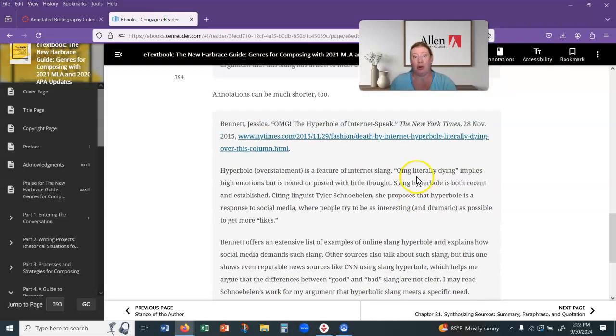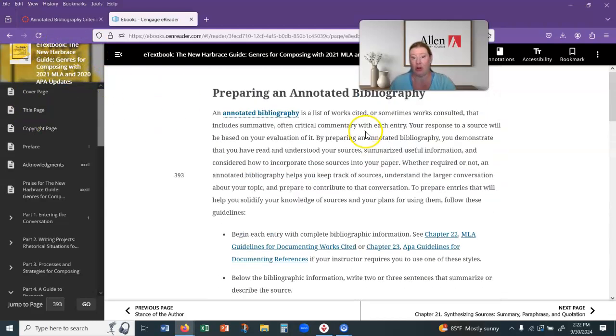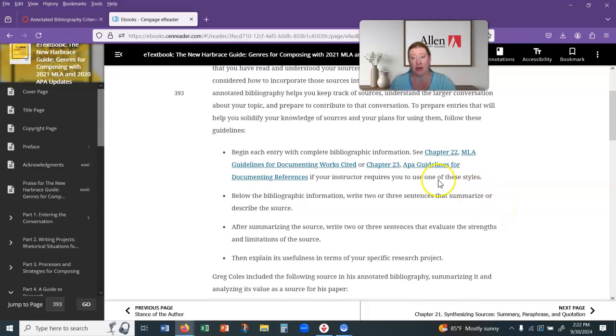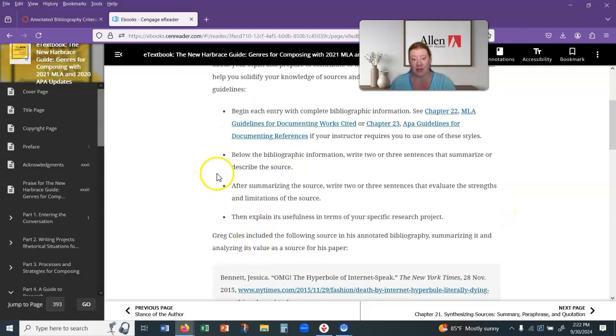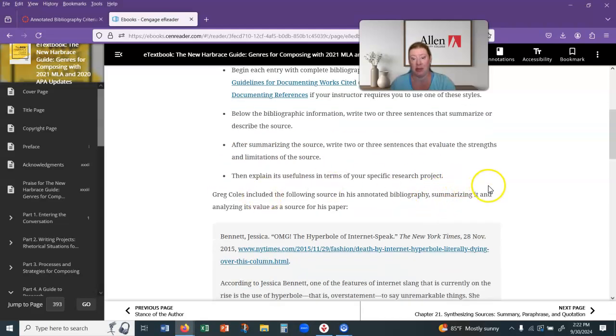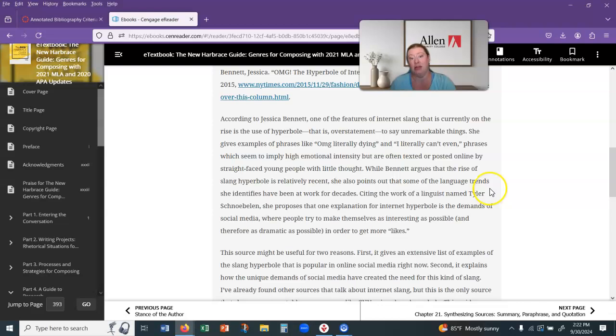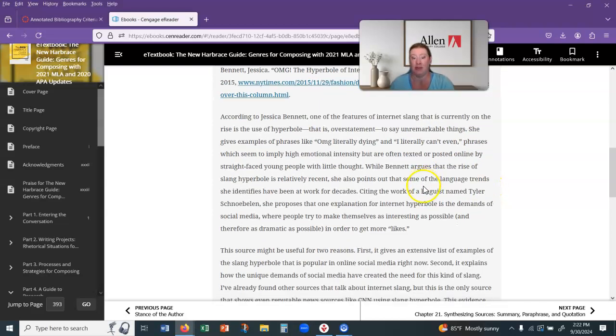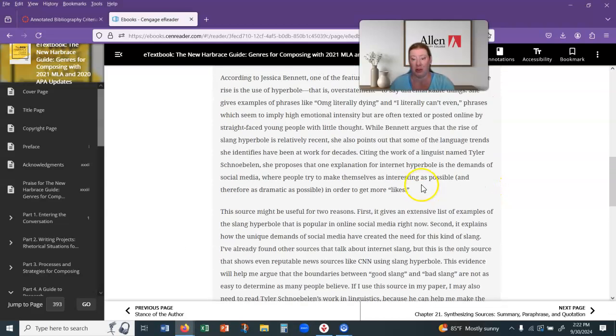So the example in the book, I'm in here in the new Harbor Race Guide, there's a whole preparing an annotated bibliography page, and it just gives you some ideas of what you should include, summarizing in 2 to 3 sentences, and then explaining usefulness and evaluating. And it gives you a longer version, what it would look like if it's longer.